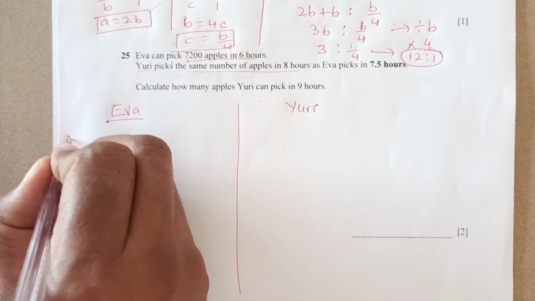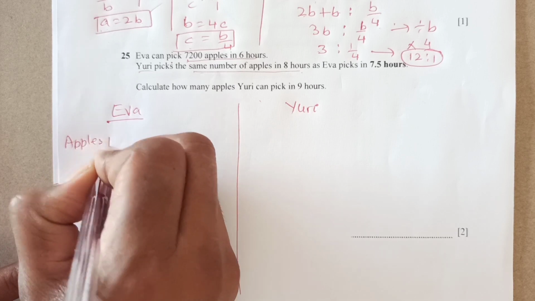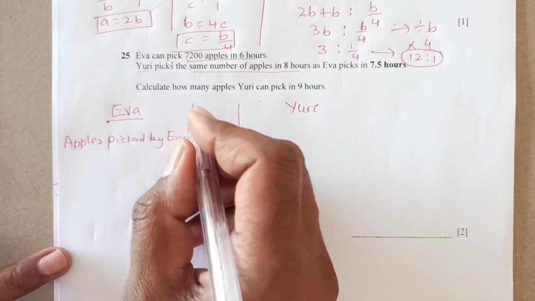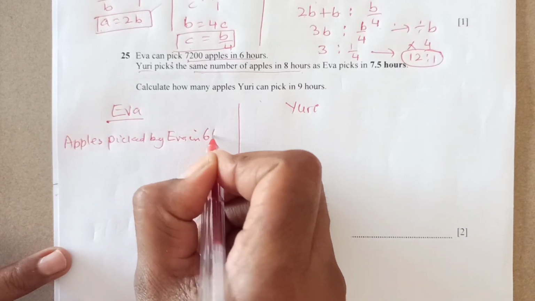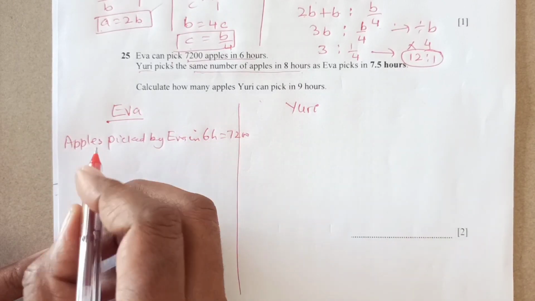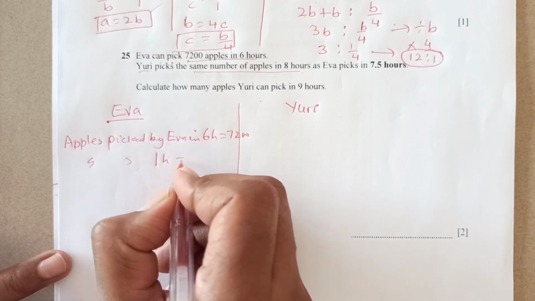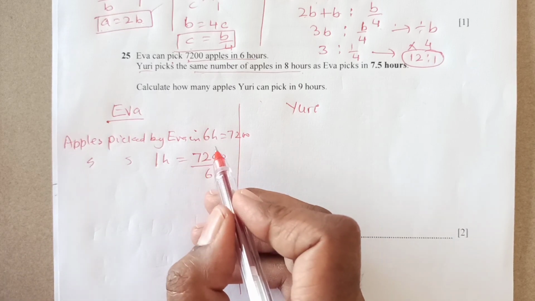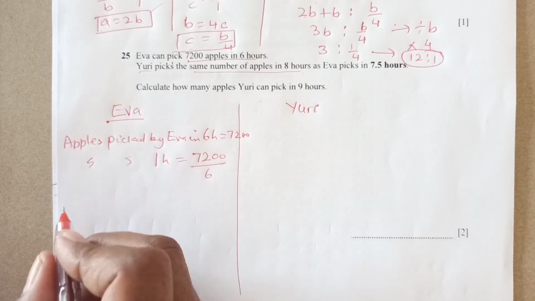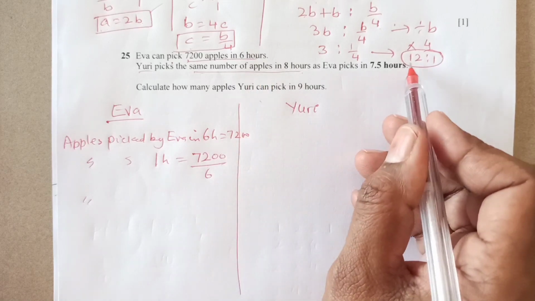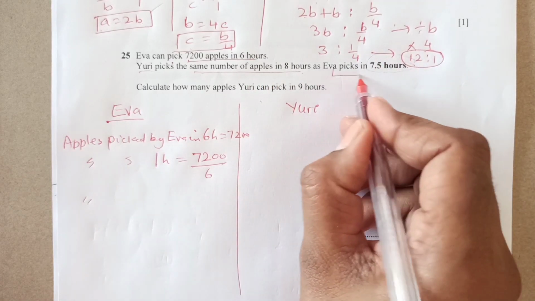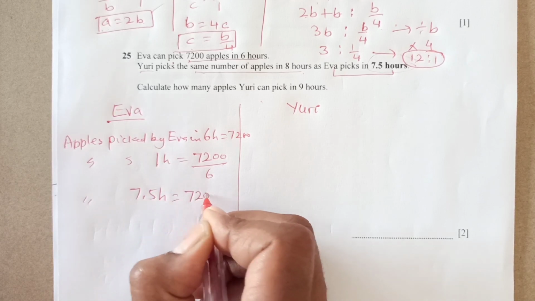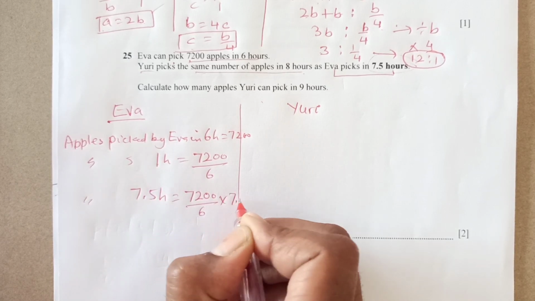So we can write down here apples picked by Eva in 6 hours is 7,200. So apples picked in 1 hour will be, you will divide by 6, because in 1 hour she will pick fewer apples, and in 7.5 hours, this is for Eva, in 7.5 hours it will be 7,200 over 6 times 7.5.